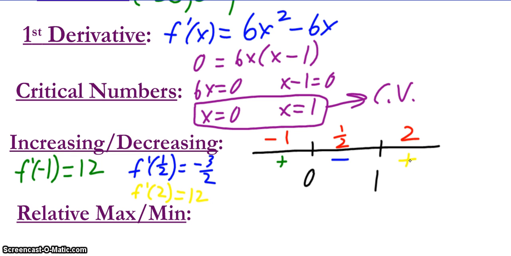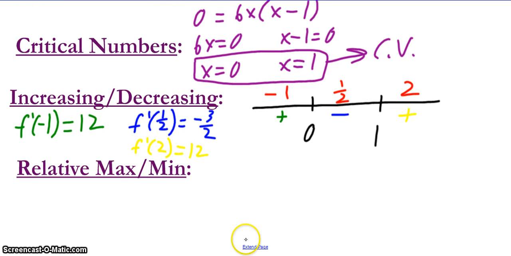Okay, so now we can see that on this interval, -infinity to 0, the function is increasing. From 0 to 1, the function is decreasing, and from 1 to infinity, the function is increasing. So what does that tell us?